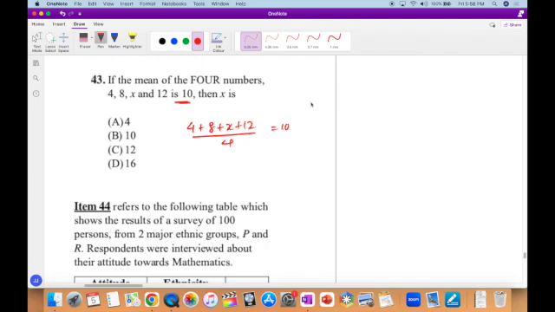So this is, well, actually not yet because it's a plus, right? So that means that 24 plus x all over 4 is 10. So 24 plus x is 40. So x will be 40 minus 24 actually. So 40 minus 24 is 16.